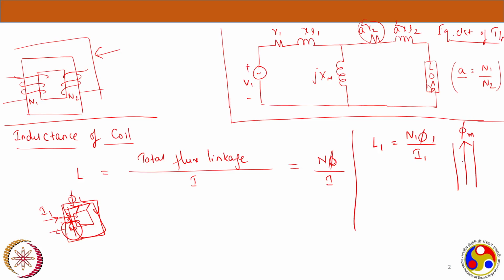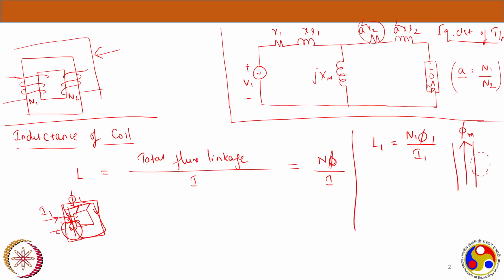Now some amount of flux will find a minimum reluctance path here itself, so it won't take the main core path. Whatever amount of flux goes through this path is not useful to anyone, because it's not contributing to the main flux and it's not passing through the main core. A small amount of flux will always get leaked in this way.